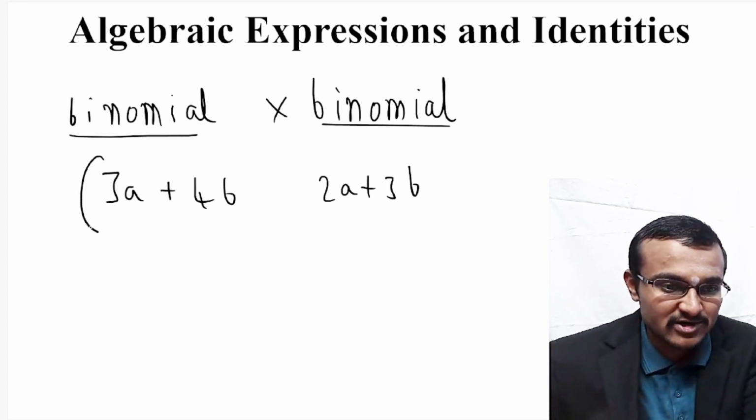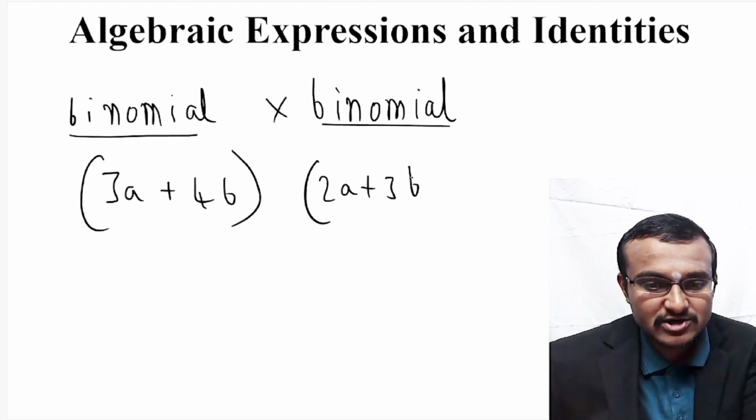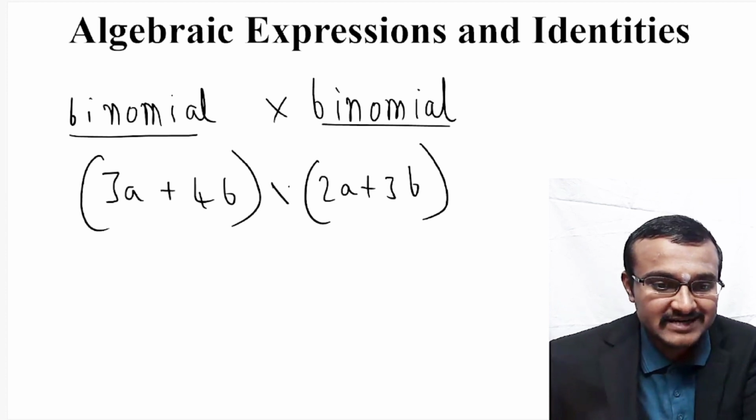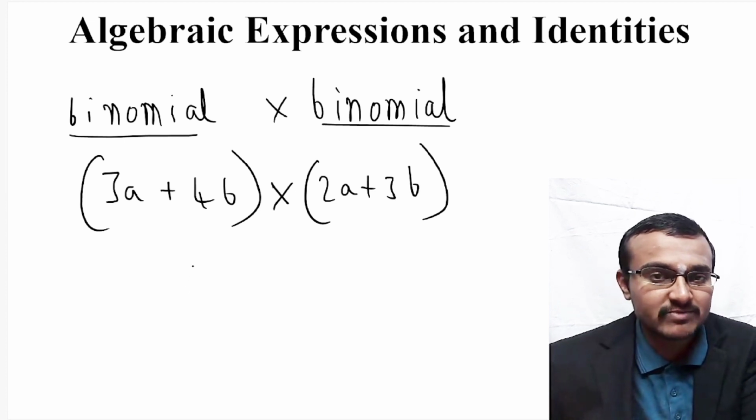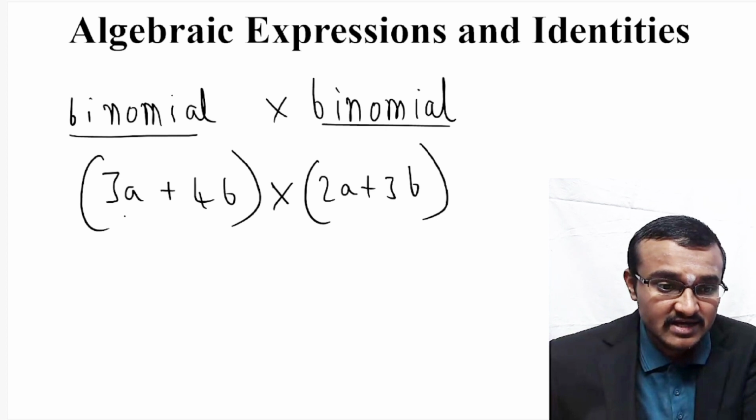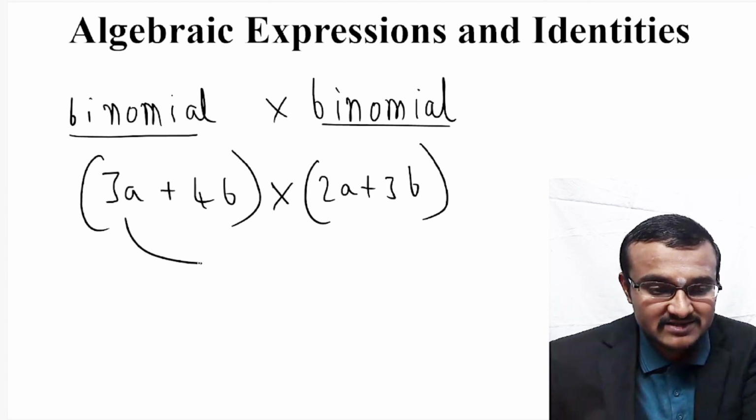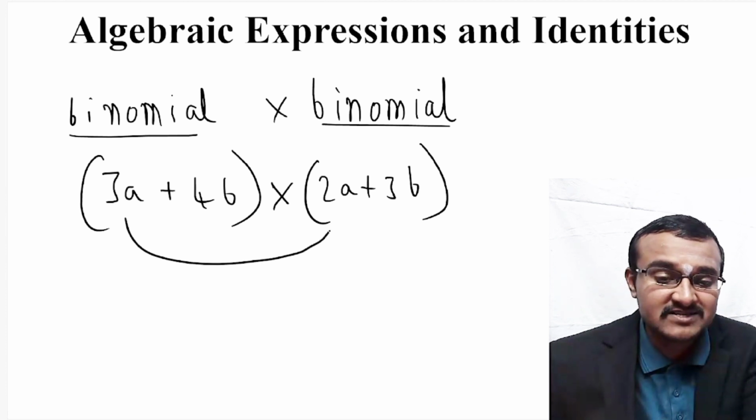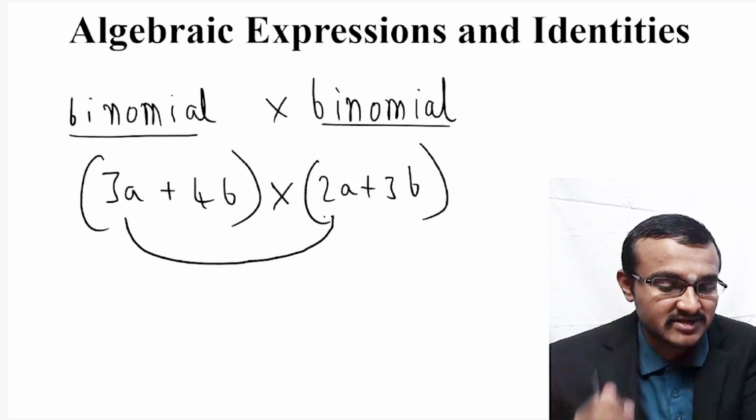Here one binomial is 3a plus 4b and the other binomial is 2a plus 3b. So let us perform multiplication between these two binomials. Here you should always remember, when you are multiplying one binomial with the other, first you should multiply the first term with the first term of the second expression.